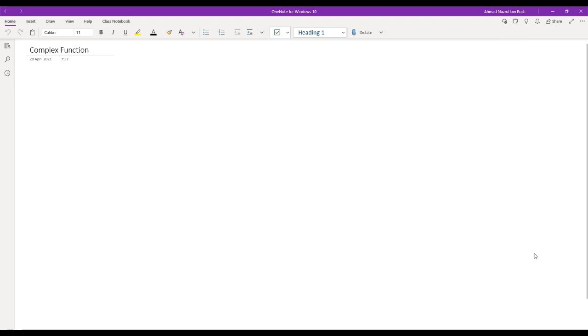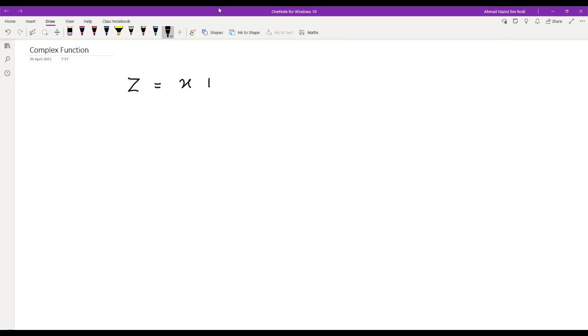If you have a vector z equal to x plus j y, in this direction, this will be x, theta, y, and this will be z, the vector here.